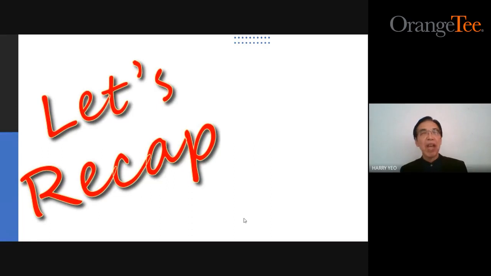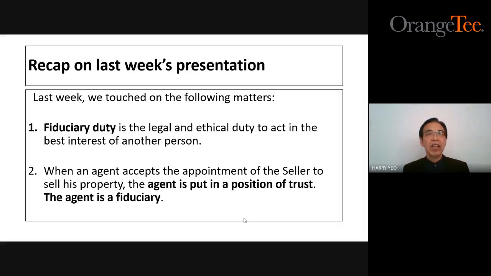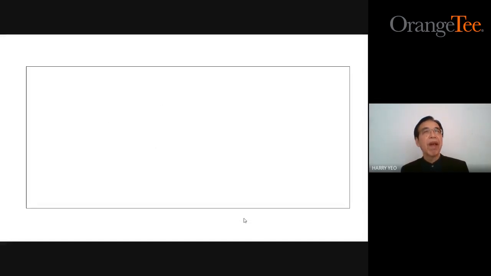Let's recap what we have studied last week. Last week, we touched on the following matters. We said that fiduciary duty is the legal and ethical responsibility of an agent to work in the best interest of their client. So when we accept the appointment to represent our principal, we are put in the position of trust. Legally, we are called a fiduciary.